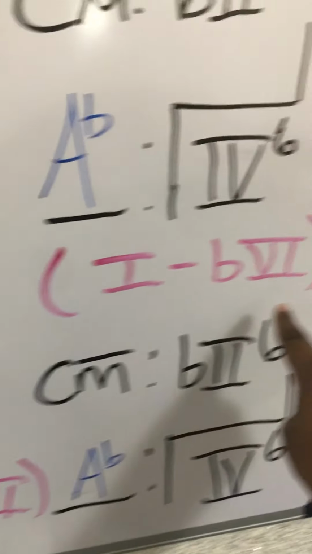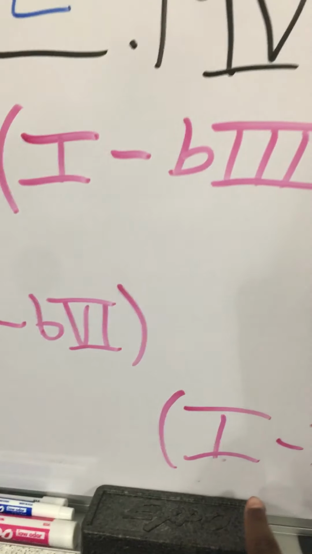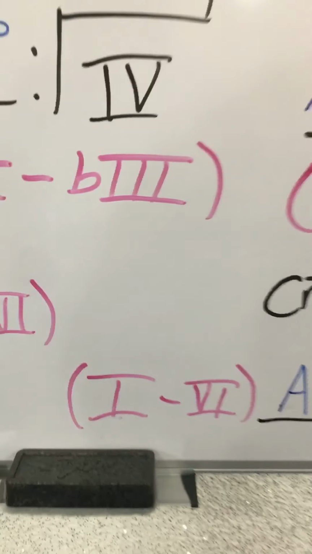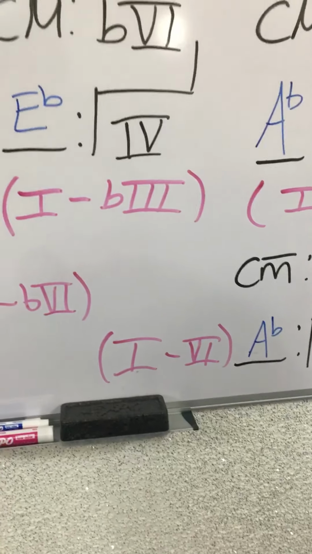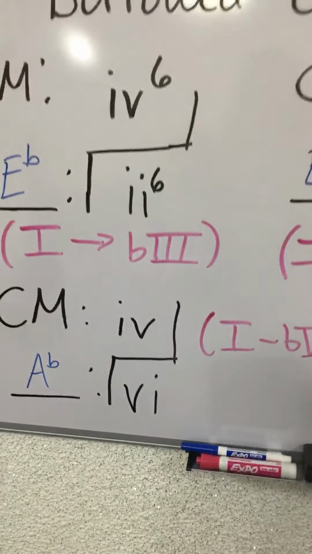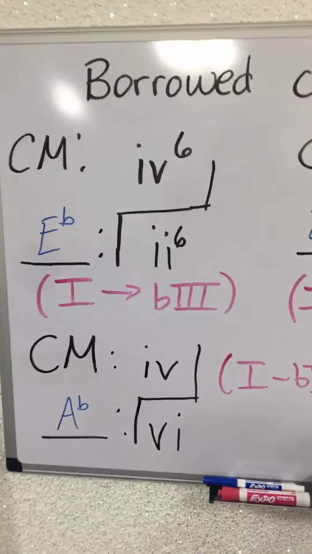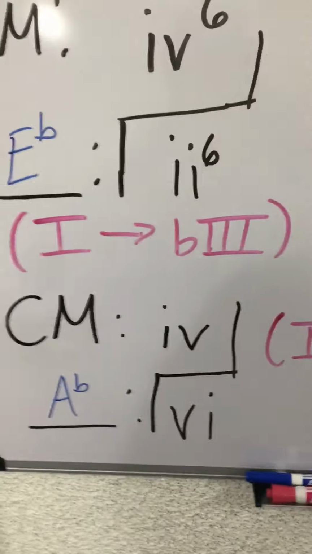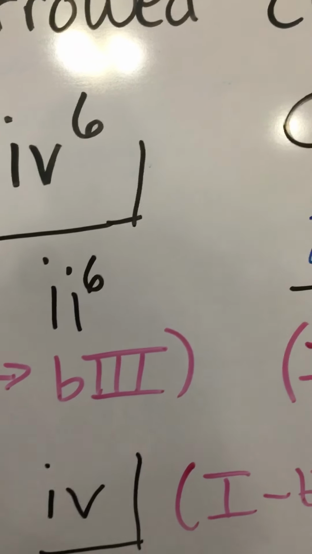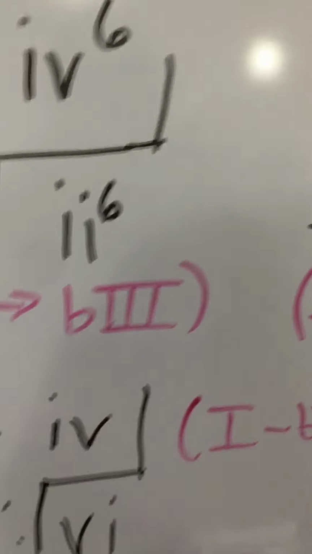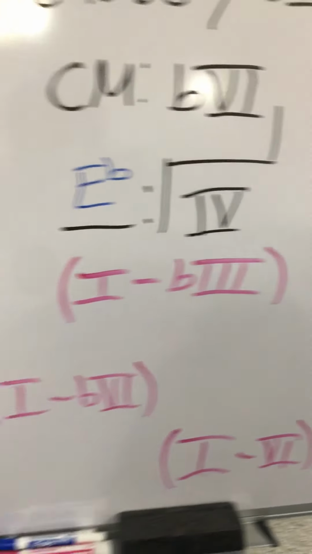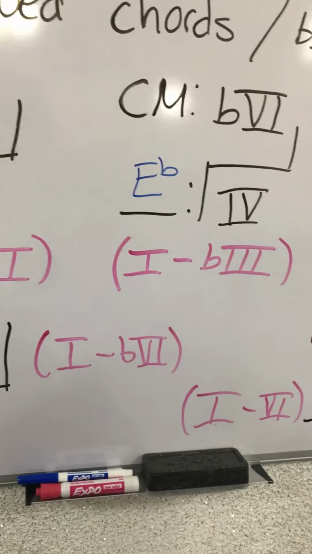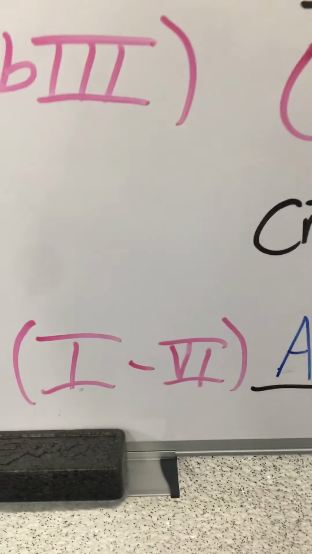But I won't be going to flat 6 the key, I'll be going to major 6 because A flat is diatonic in minor. So with all these borrowed chords and Neapolitans, we will always modulate to a key that's a third away. So going to flat 3, flat 6, or if I'm in minor using the Neapolitan, it'll be diatonic.